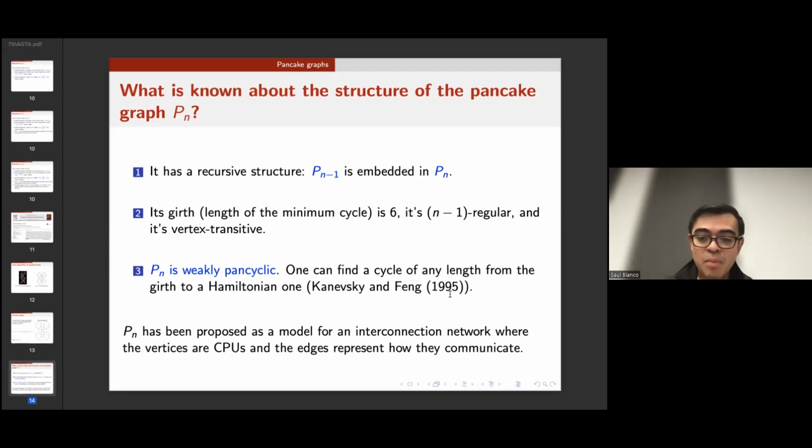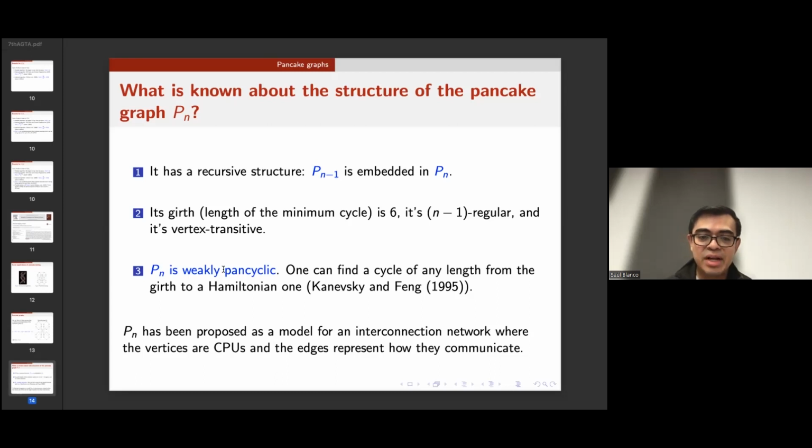And this is another property that they showed in 1995. It essentially says that Pn is weakly pancyclic. And what they mean by pancyclic, so pancyclic in graph terms means that you have every single cycle from length 3, so the simple cycle, of course, so a triangle, all the way to a Hamiltonian cycle. But this one is weakly pancyclic, which means that you don't have some of the cycles.